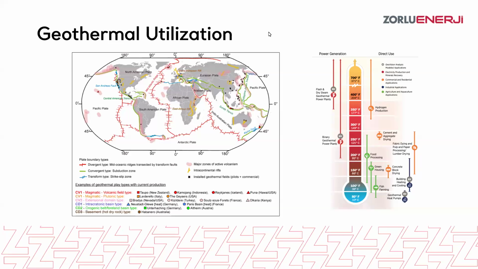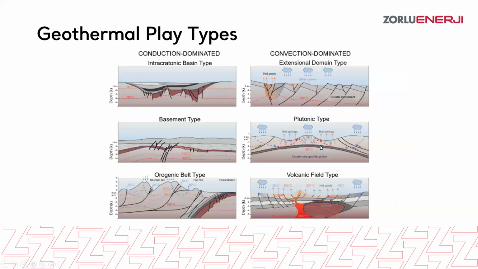And here we will be seeing those play types as stated for every other geothermal field on the prior map. Here, you are seeing that there are two different types of geothermal plays. By the way, a geothermal play means the general geological setting of the geothermal environment we are working on.